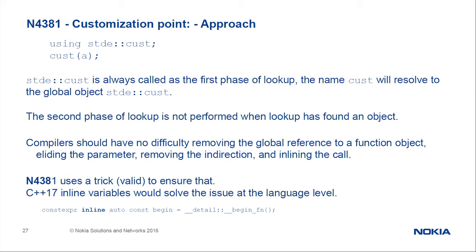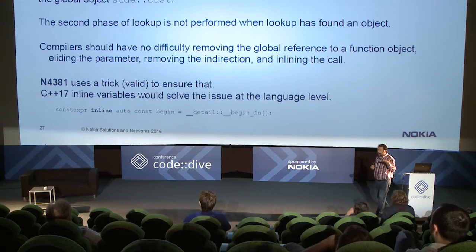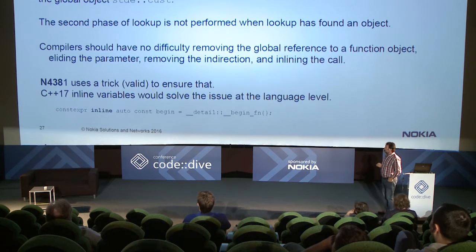This ensures that when we do that, we are forcibly calling the stdx begin. Okay? This is how overload resolution works. There are several phases, and the first phase stops when a variable or a function object instance is found.